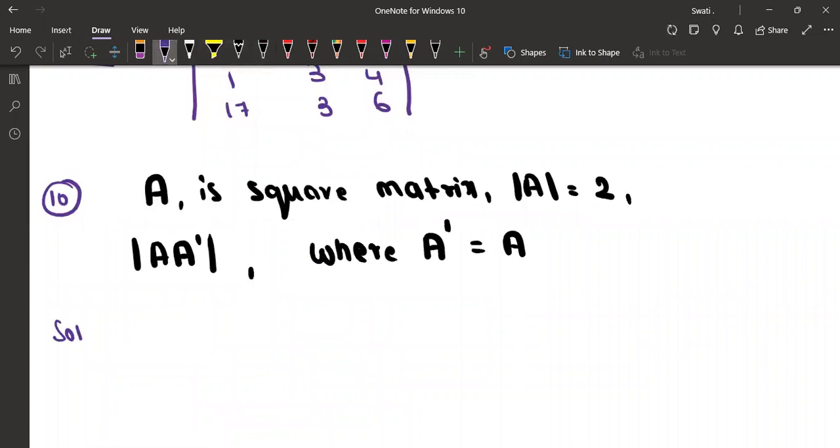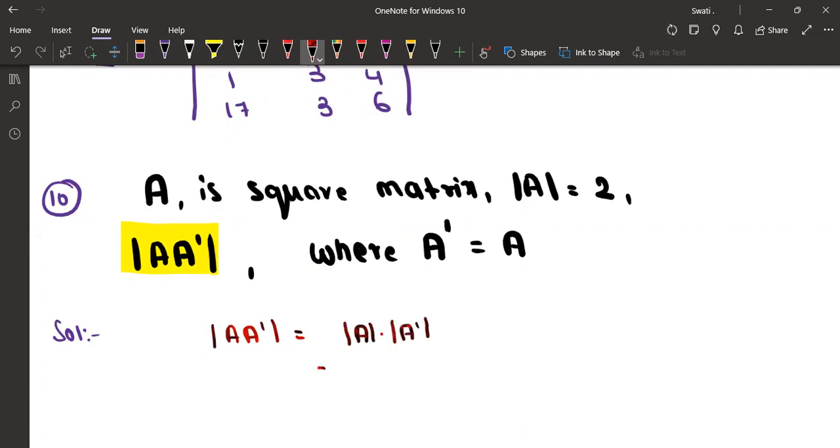What do we need to find? We need to find simply the value of the determinant of A transpose. So let's start with this. Whatever we need to find, I'm just going to write down. By using the property of determinant, I can separate this and write it down separately.